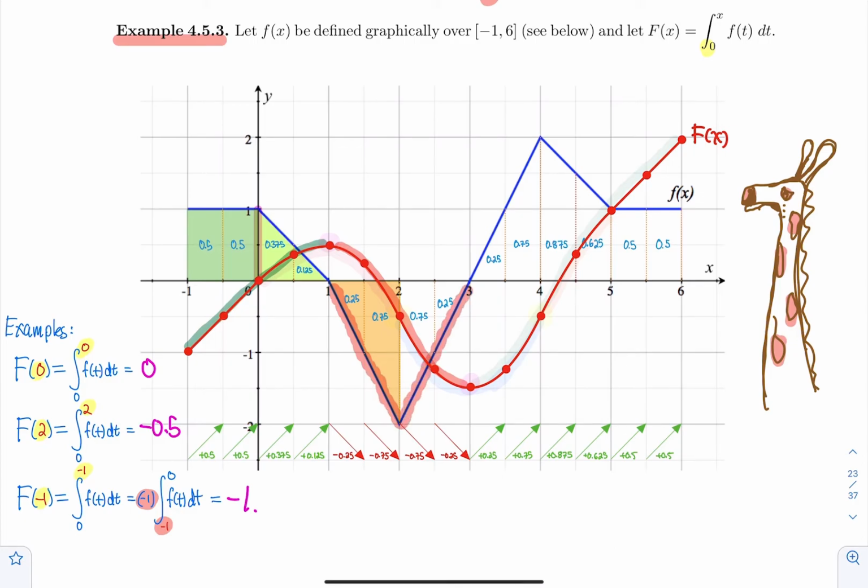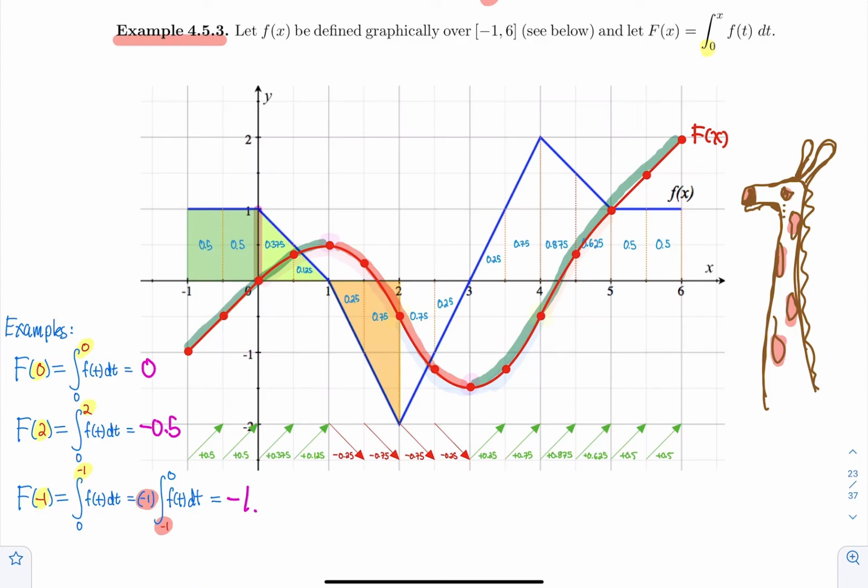And then from 3 to 6, the function is increasing forever. Okay, and of course, meanwhile, small f is positive. So while small f is positive, big F is increasing, and while small f is negative, big F is decreasing.